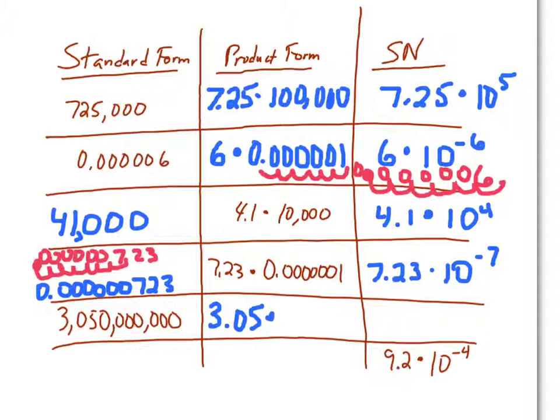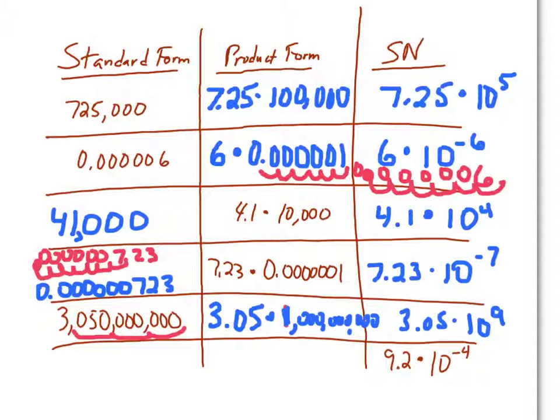So if I move the decimal over 9, that's going to be times 1 billion, and so over here this would be 3.05 times 10 to the 9th power. A little bit easier with positive numbers.